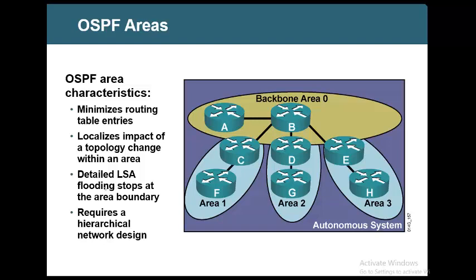Boom. It won't impact any other states. This is the Mekedatu Dam. Boom. Karnataka, Kerala, and Tamil Nadu. See, you got borders because of that. Localizing the impact of topology change: detailed LSA stops at the area border.